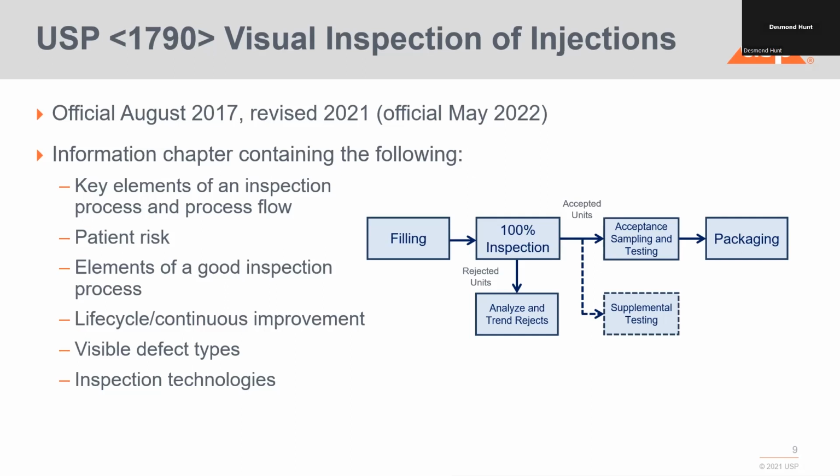And then 1790 gives you various general aspects that one should be aware of in their visual inspection program. Again, what are the key elements of an inspection process? What is the typical process flow for doing an inspection? What is the patient risk related to visible particles? And this is a very hot topic. And I think I alluded to that in my earlier slide.